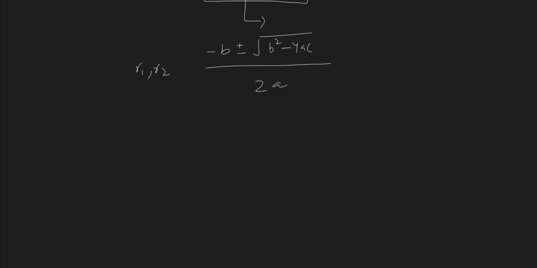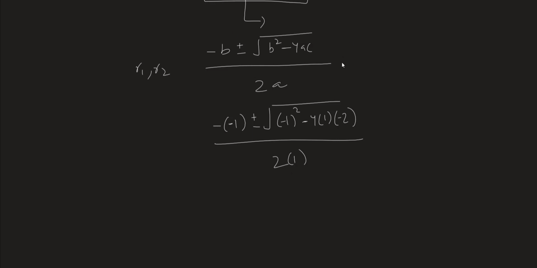So in this case, we will have minus of minus 1, since b here is minus 1, plus or minus the square root of minus 1 squared minus 4 times a, which is 1, since 1 is multiplied with the first term r squared, and c over here is minus 2, divided by 2 times a, which in this case is 1.